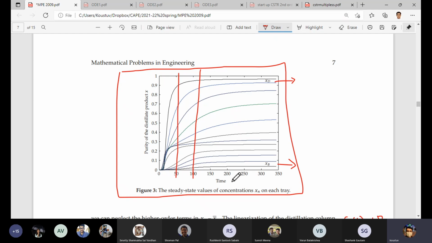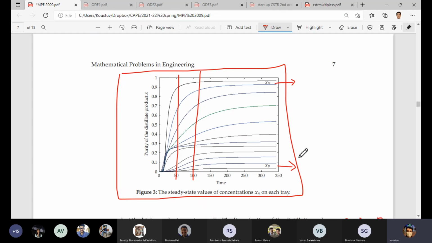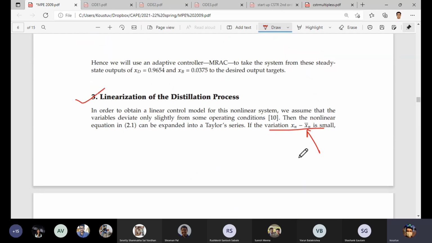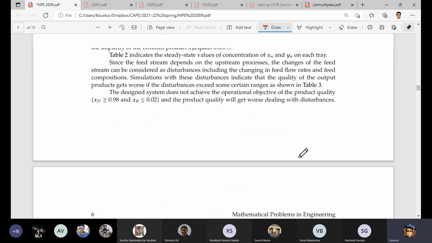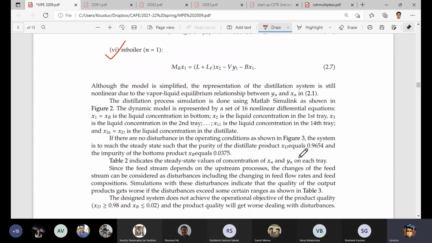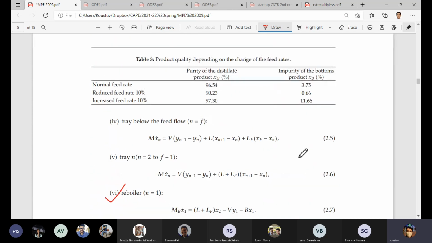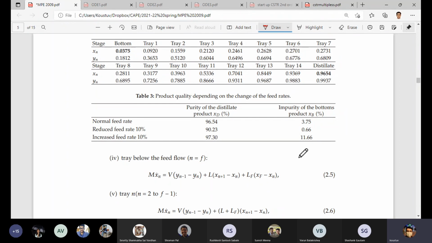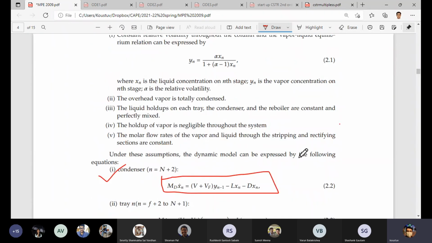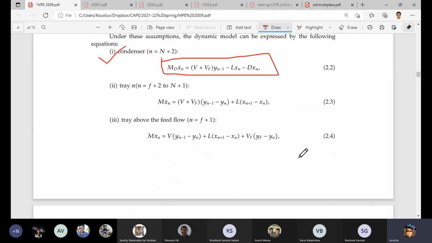So this example I also wanted to give is that a distillation column can also introduce nonlinearity, and it is essential to analyze it by doing the linearization, to characterize the steady state point as well as what forms the feed into the controller.